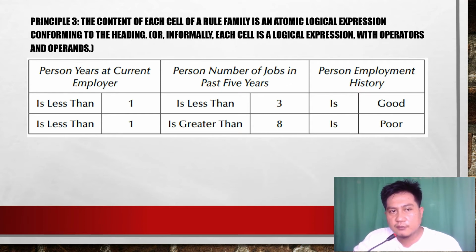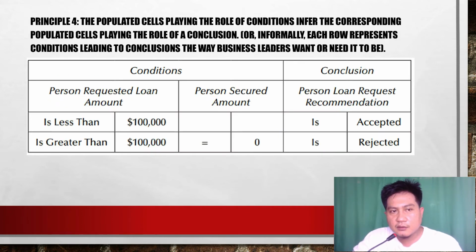Now we have the principle number 4. The populated cells playing the role of conditions infer the corresponding populated cells playing the role of a conclusion. Or informally, each row represents conditions leading to conclusions the way business leaders want or need it to be.